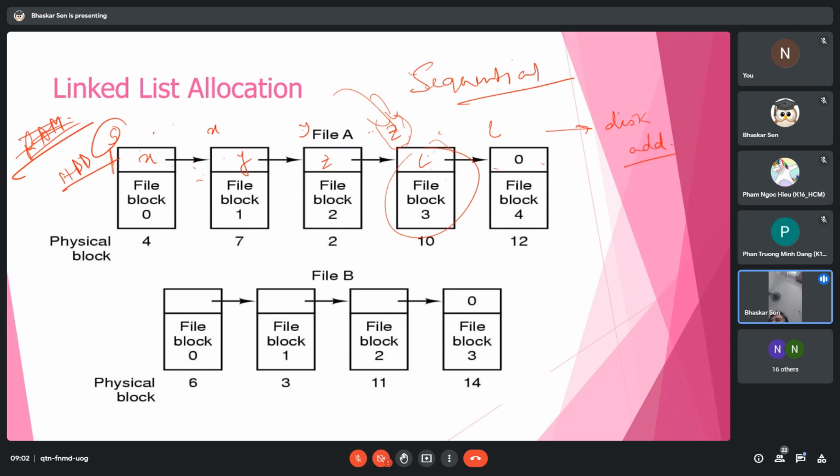So the solution that we proposed was to put all of them in a table. For each file, we will store their disk addresses in a table, and we'll put the table on RAM, on memory.